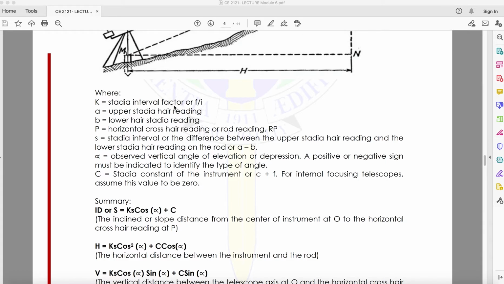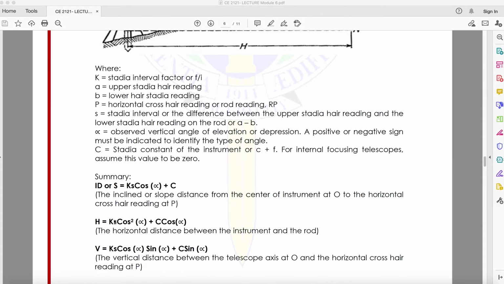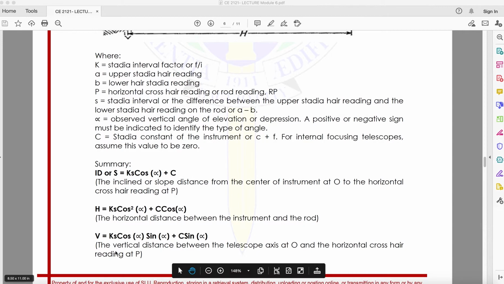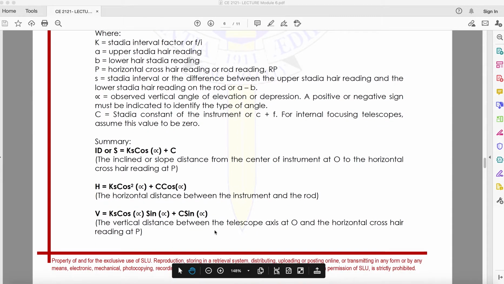K is the stadia interval factor, or F over I, and S is the stadia interval, and the angle alpha is the observed vertical angle of elevation or depression, where C is the stadia constant. Now, for the horizontal, it is Ks cosine squared alpha plus C cosine alpha. And for the vertical, it is Ks cosine alpha sine alpha plus C sine alpha.